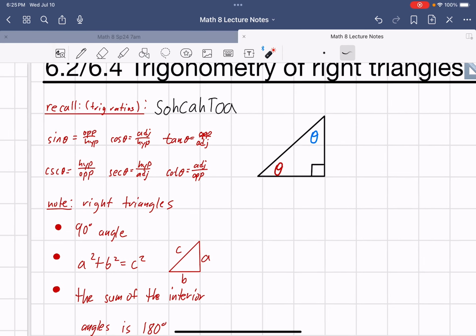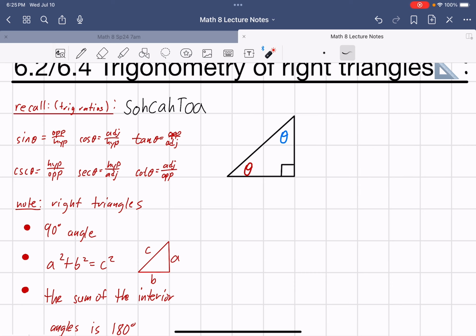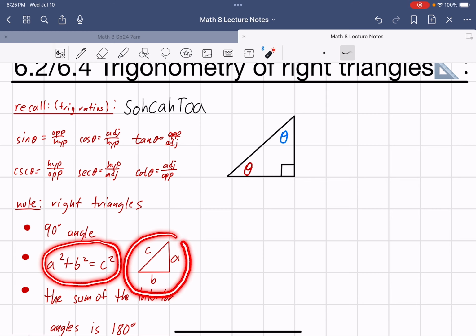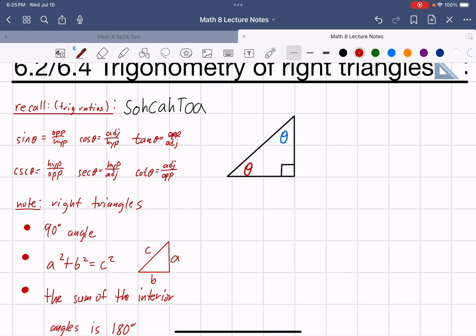And since we're dealing with right triangles, something to remember is a right triangle has a 90-degree angle. There's also the Pythagorean theorem, that tells us that the sum of the two legs squared is equal to the hypotenuse squared.